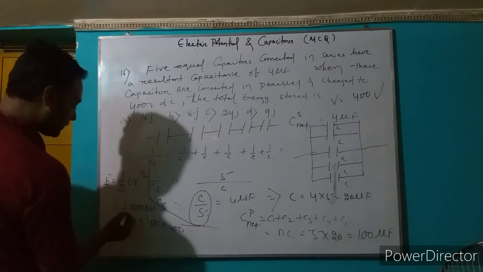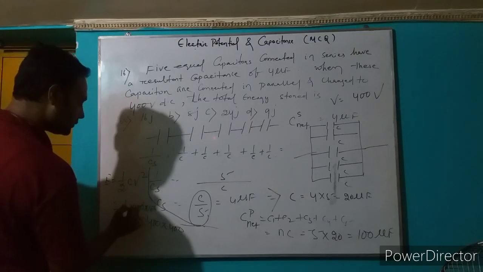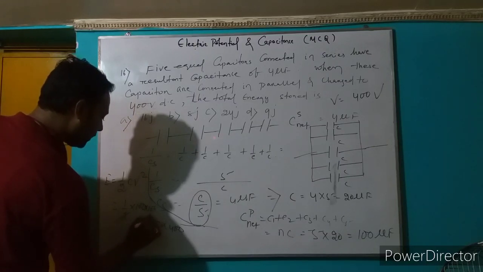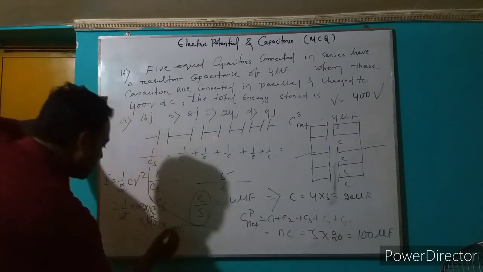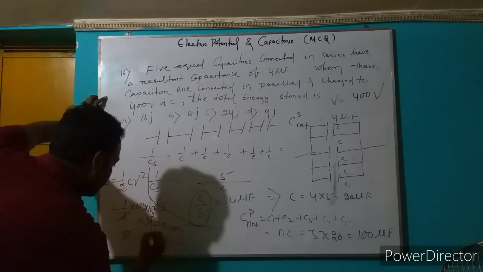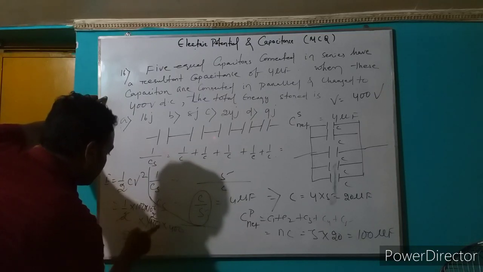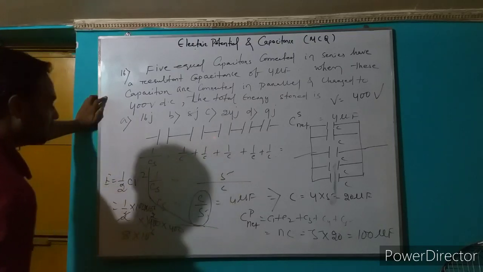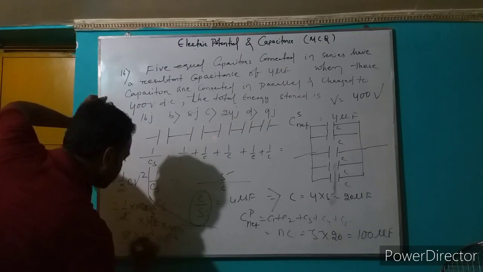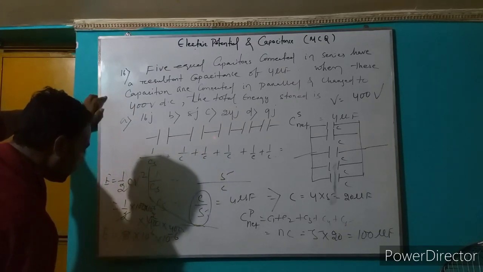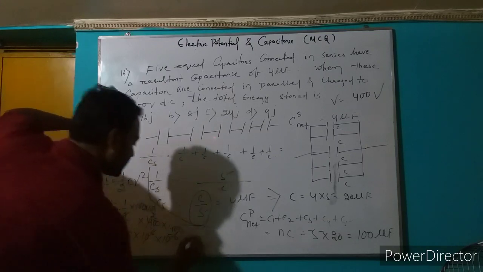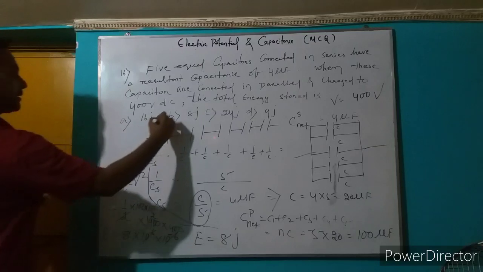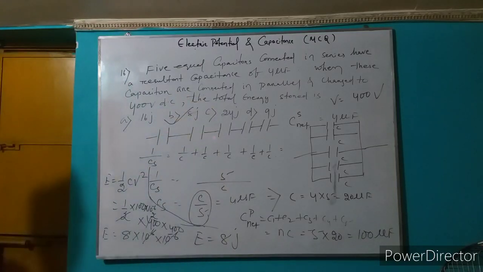If you cancel, we get 8 into 10 to power 4, and 10 to power 6 into 10 to power minus 6 cancel out. That means E equals 8 joule. So option B is the correct answer.